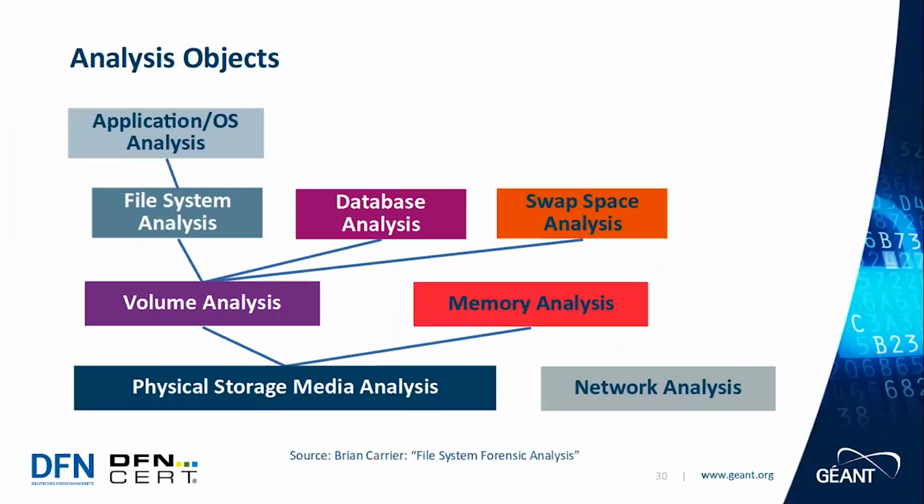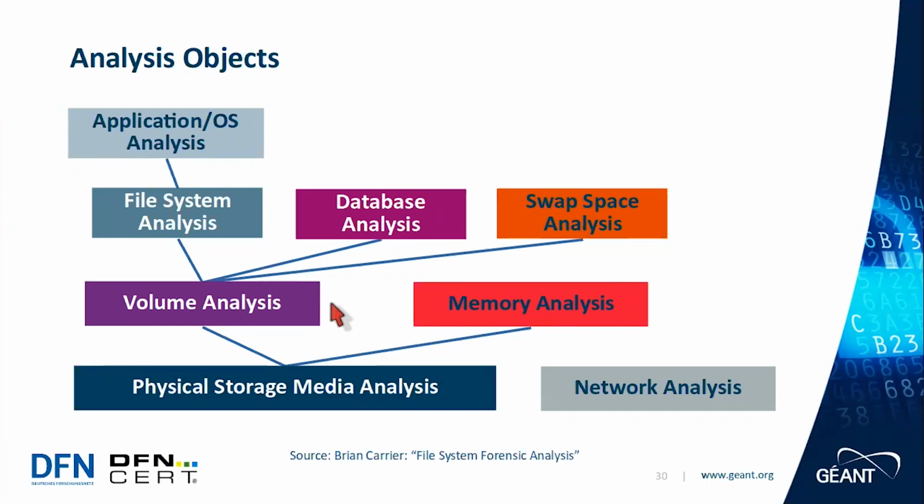So, analysis objects. Again, this is a schematic from Brian Carrier, File System Forensic Analysis. At the lowest or most abstract level, there is physical storage media, as differentiated from network analysis. Physical storage is also the main memory banks on the system, where we do memory analysis, or the volume analysis, which means typically our hard disks, NVMs, SSDs, and whatever else we may have here.